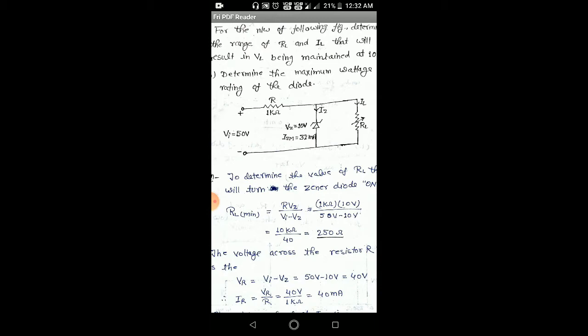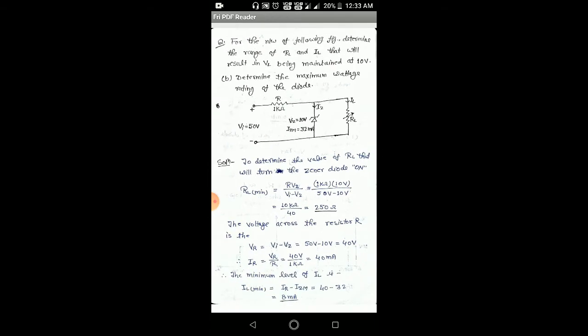So the voltage across the resistance R is VR equal to Vi minus Vz, that will be 50 minus 10 volt, that will be 40 volt. Here we can see the minimum level of IL, IL minimum, is equal to IR minus IZM, that is equal to 40 minus 32, that will be 8 milliampere.